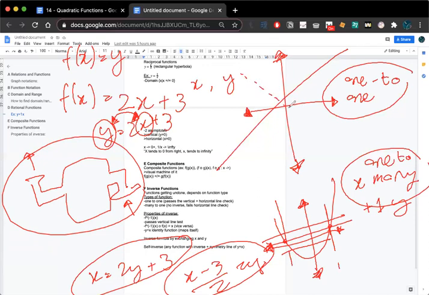Okay, so something that you should at least keep in mind when you look for the inverse of the function is basically that an inverse of a function is essentially a mirror of the function in y equals x. So if you have a line like this, an equation like this, then the reflection of the equation would be something like this-ish.